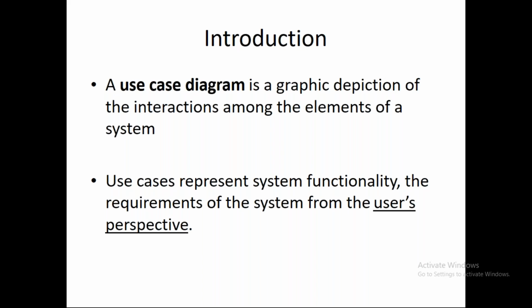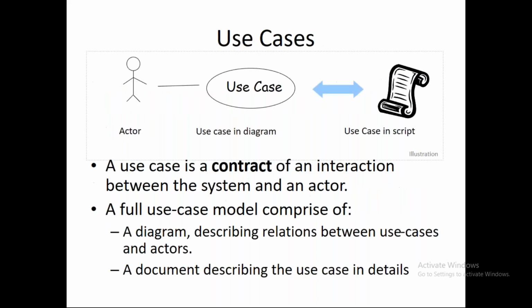Now, if you look at the use case diagram, you have the actor, which is a human being or any other system, and the use case. The complete diagram, we call it the use case model.